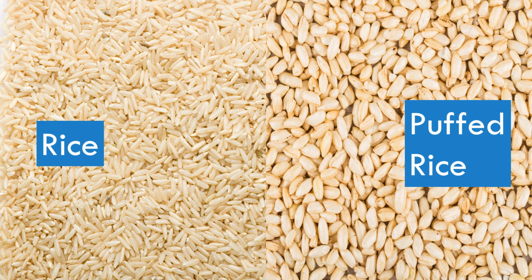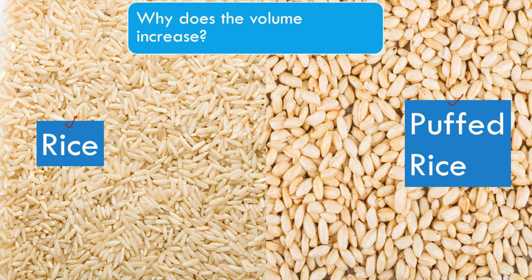As an example of puffing, here we see unpuffed rice on your left and puffed rice on your right. As we get started, to prime our thinking, some questions are worth pondering. Like, why does the volume increase?